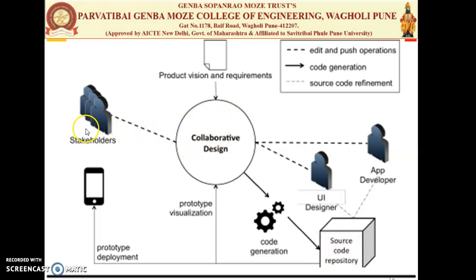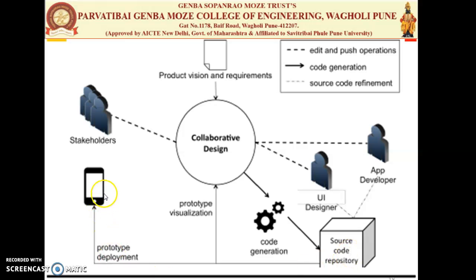So the other stakeholders can view the code, can view the design, and if they see different lines, they can see the different lines. So the collaborative development can be edited and pushed by the UI designer and the app developer. Then code generation always happens in the source code repository.